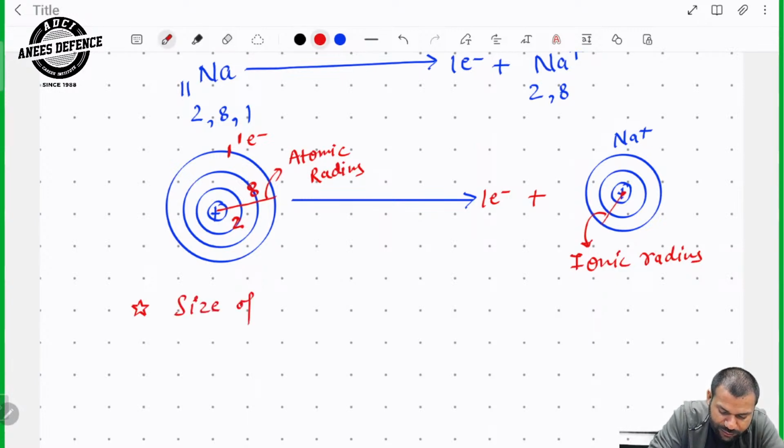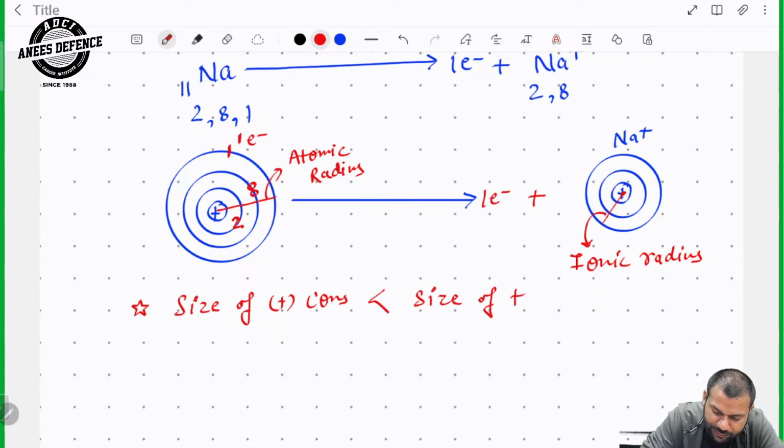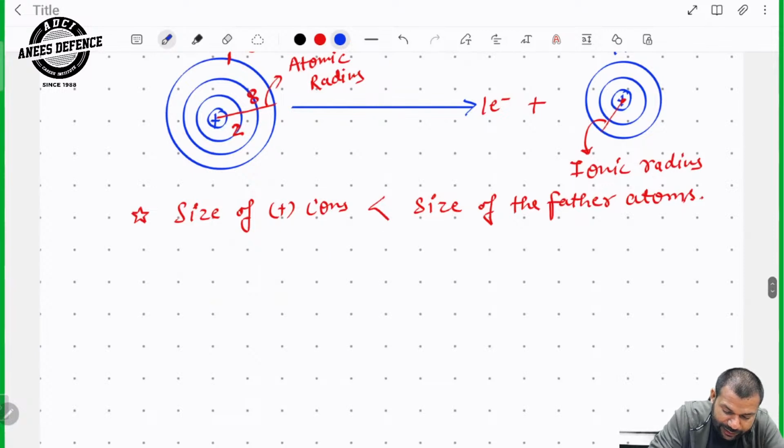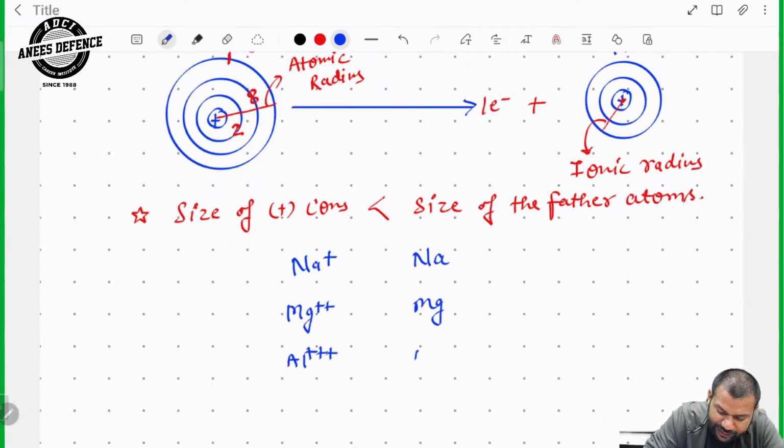The size of a positive ion is always less than the size of the parent atom, right? Understood? So if I write here Na+ and Na, Mg++ and Mg, Al+3 and Al, we can clearly state that Na will be greater in size than Na+.